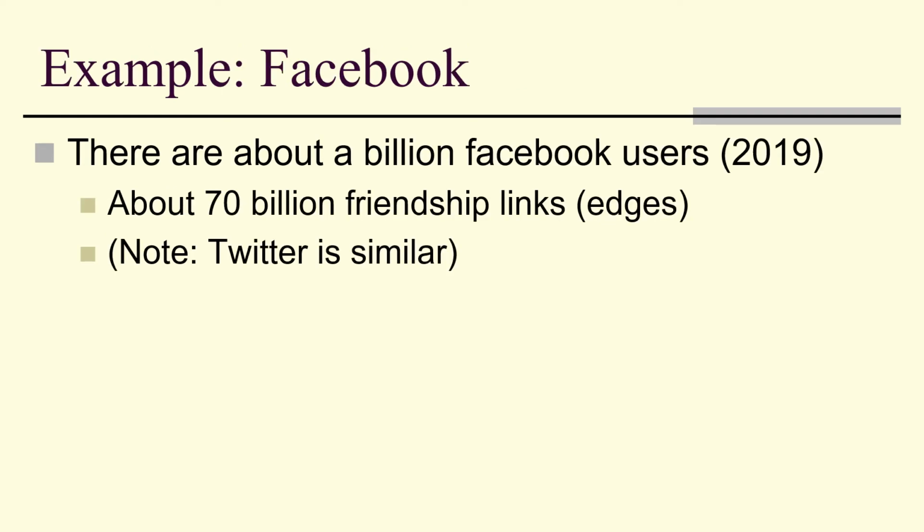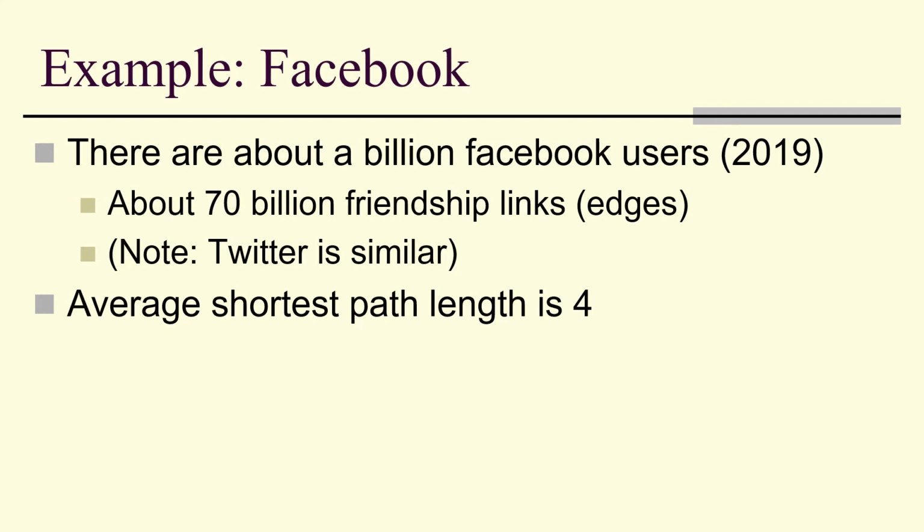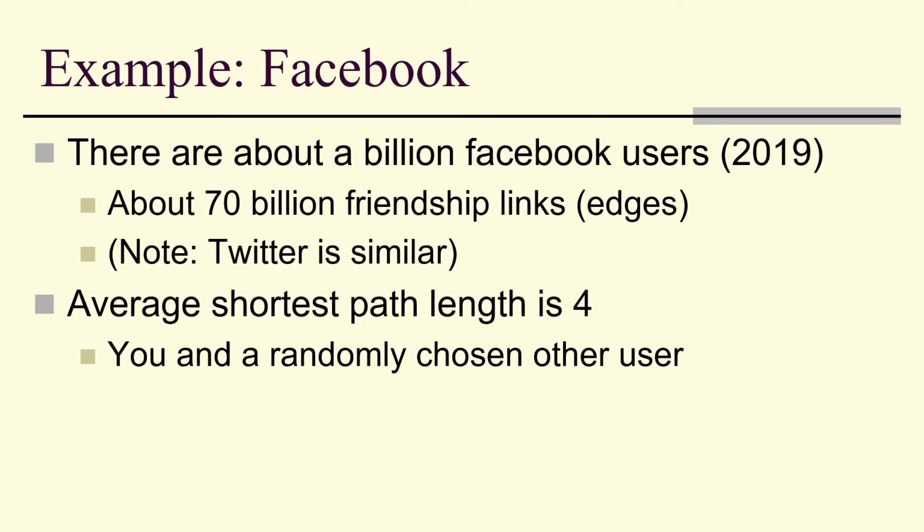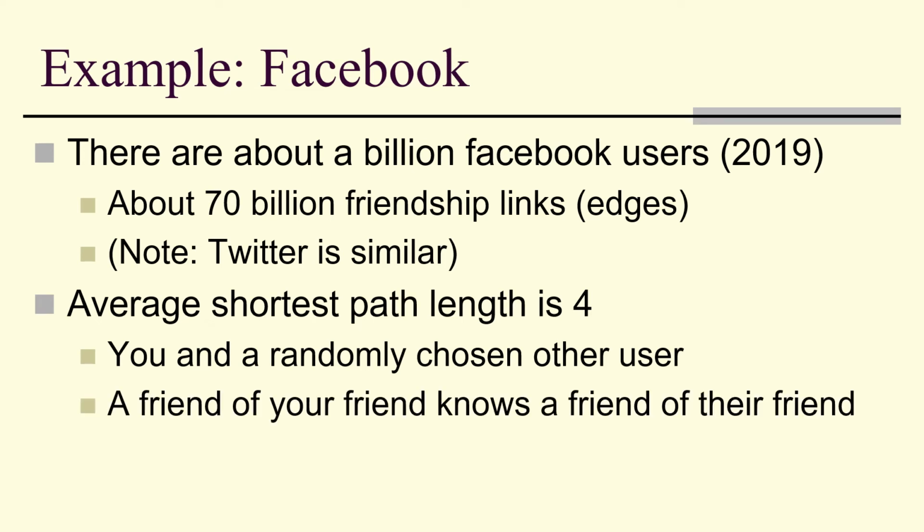Facebook, there's about 1 billion Facebook users. About 70 billion friendship links form edges. And by the way, we could do the same kind of analysis for Twitter, and this is also from 2019. The average shortest path length for Facebook, at least in 2019, is 4. That means you and a randomly chosen other user, a friend of your friend knows a friend of their friend.